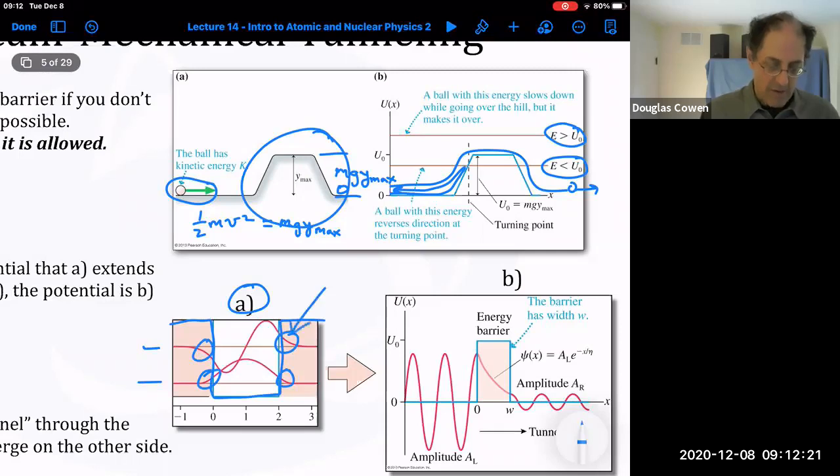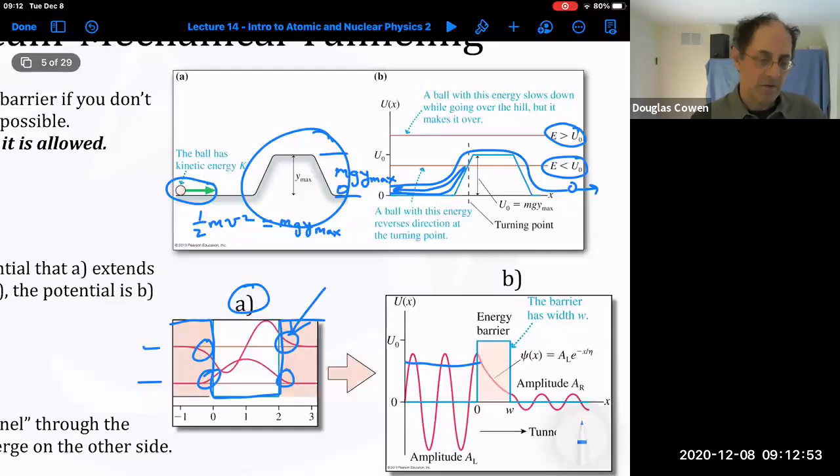So we're going to focus on that fact that there's this penetration depth and the particle can be in this classically forbidden region, and take this potential well and flip it so that it forms a barrier now. And what we have in this case is a particle whose energy is not shown, but it could be something like this. So it's some energy less than the potential energy of the barrier.